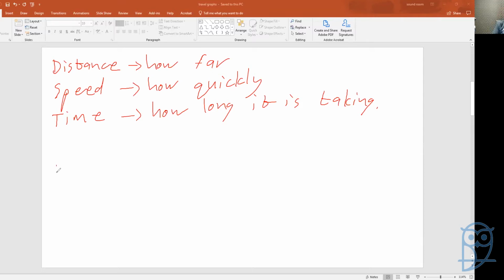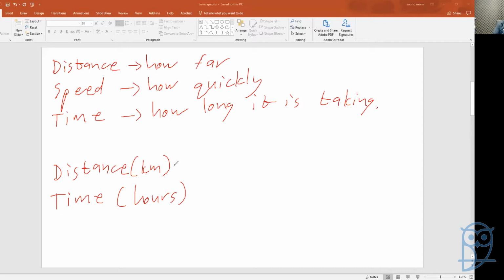So we need to also have a look at, well, what are the units that we're going to be dealing with? So distance is generally in kilometers. It could be in meters as well. Your time, I'm going to put in hours here. It could be in minutes, could be in seconds.